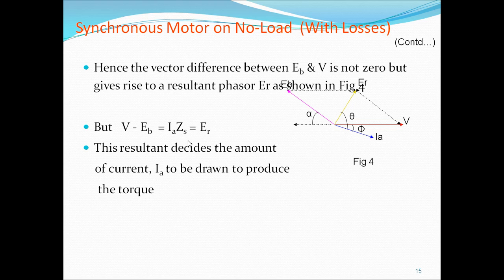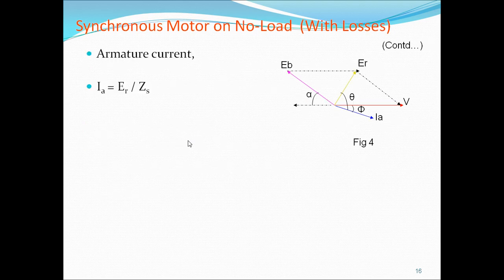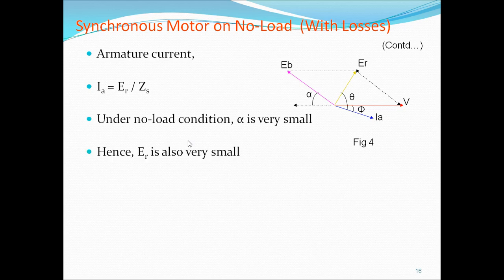Suppose we apply the load, again the angle alpha changes and it develops a torque which supplies these losses. So armature current is ER by ZS.